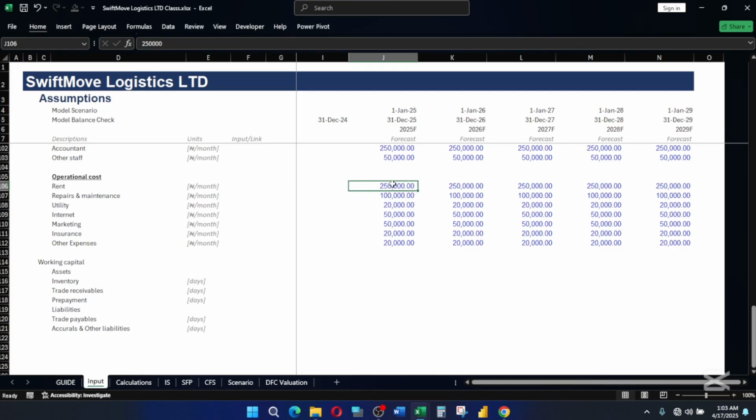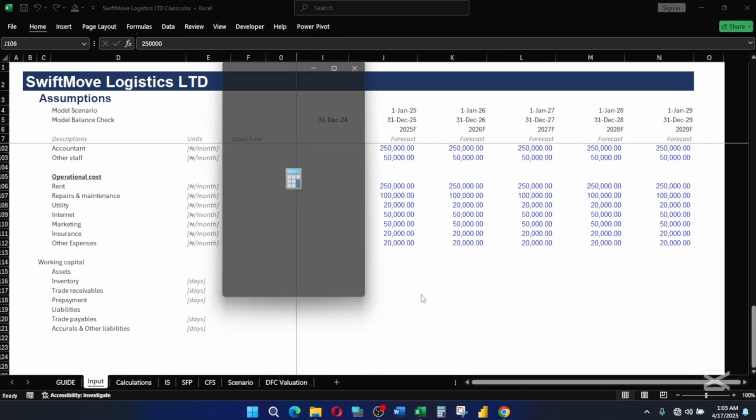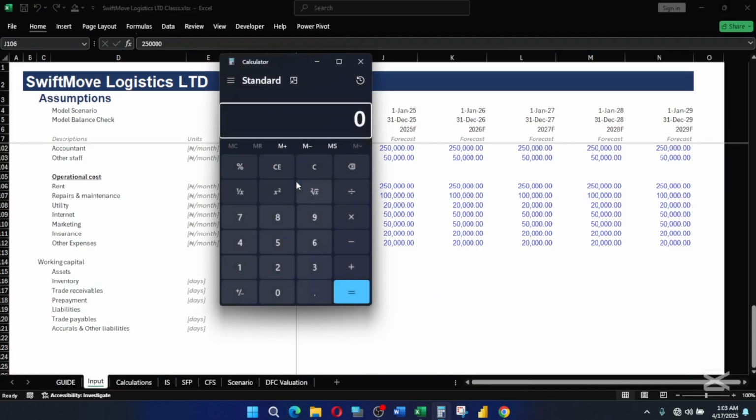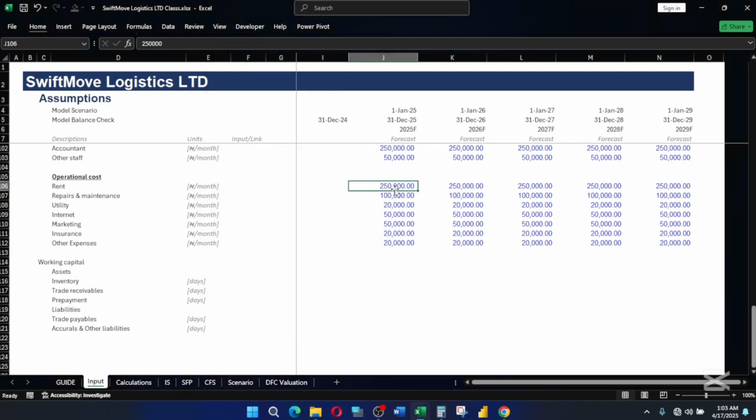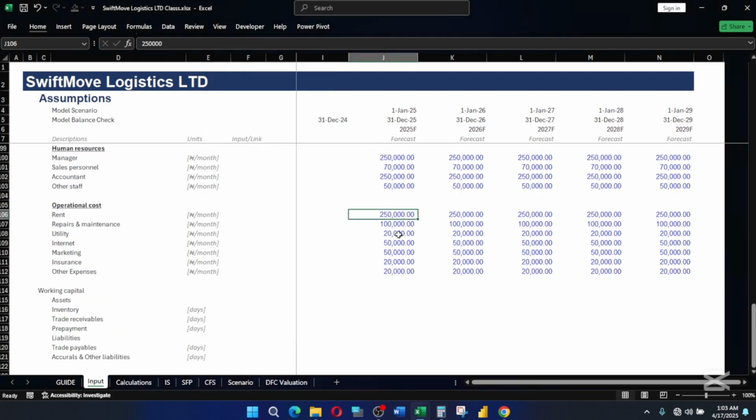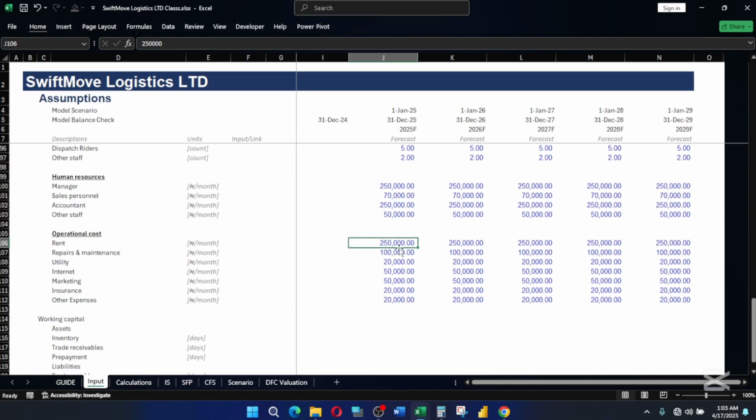If you multiply 250,000 by 12, it should give you 3 million naira. 250 times 12, you can see it is giving us that. So we are now charging it monthly on our model, right? So you can see we are taking care of it.